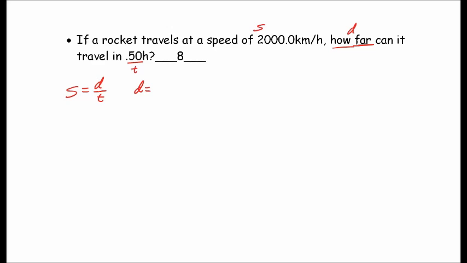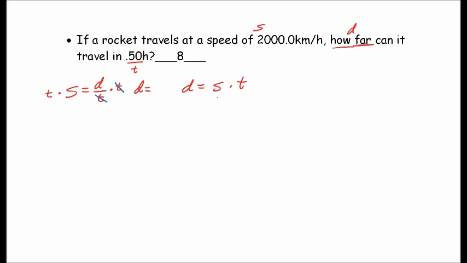The opposite of division is multiplication, so we can multiply by T. Whatever we do on the right-hand side of the equation, we have to do the same thing on the left side. So we multiply the speed times time over here. The time right here factors out. So our new equation says distance equals speed times time.